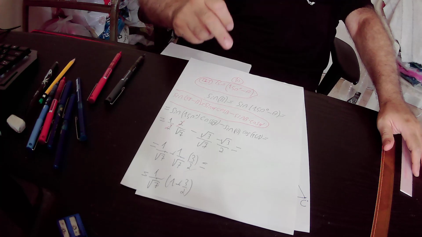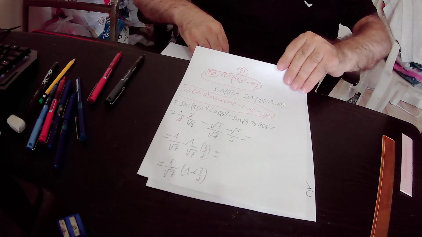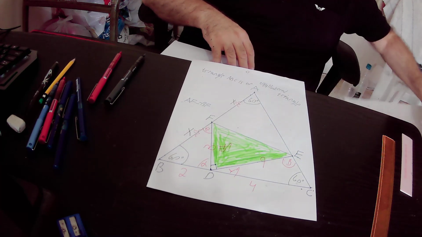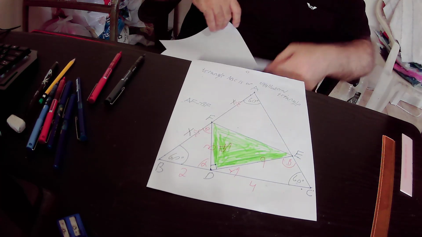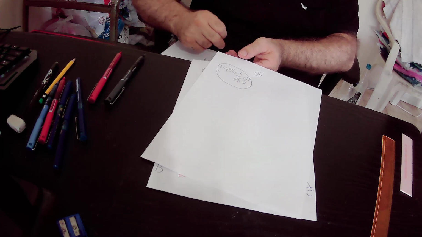In this way we found that sine beta equals 5 over root 7 times 2.